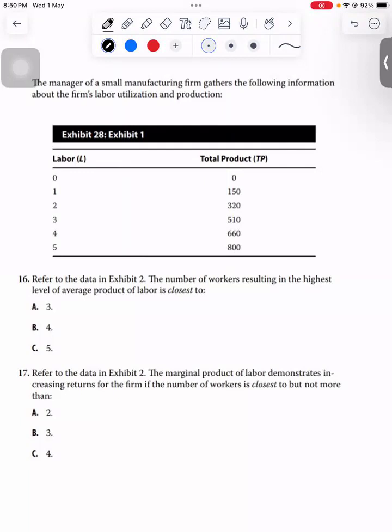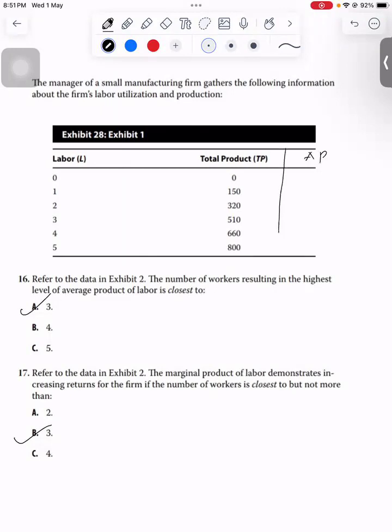16th A is correct. Everyone got the 16th A option. And 17th B is correct. Anyone need explanation? So in 16, you need to find out the number of workers resulting in the highest level of average product. So prepare one column for average product.